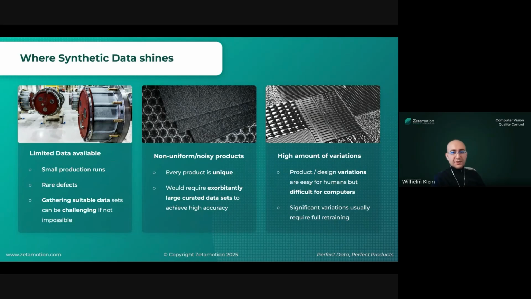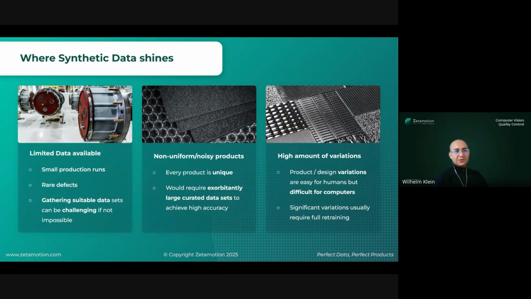One of the problems we have is we have different products with quite a lot of different variants. We are not sure how AI can work around this. Fantastic talking point, and fittingly, there's exactly a slide on it. That's one of the areas where synthetic data shines, when you have lots of variations.